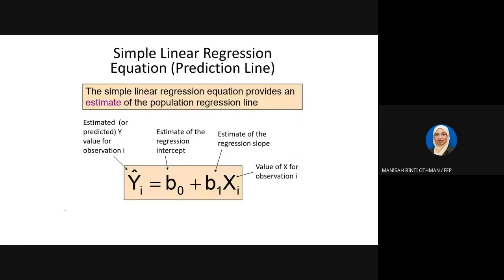For the sample, we use small b0 and small b1. Still the same, this is an intercept and this is a slope, only the notation is different to differentiate from the population. So this is the estimated y based from this equation.